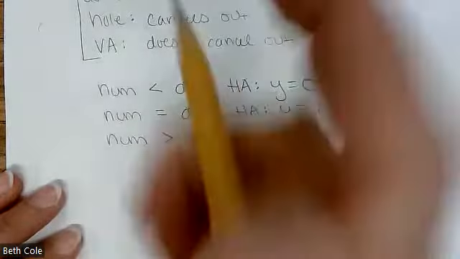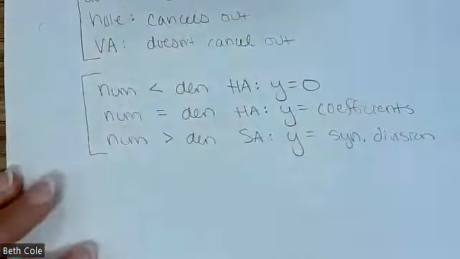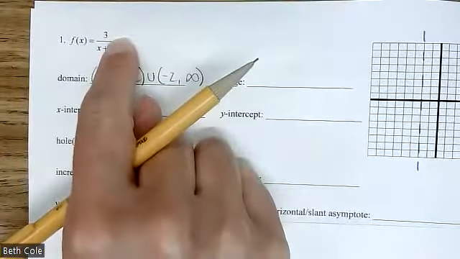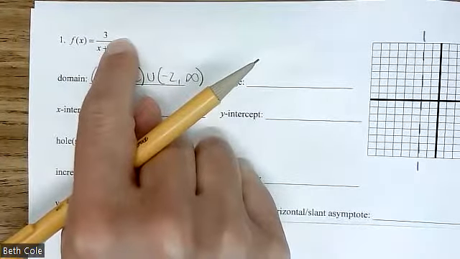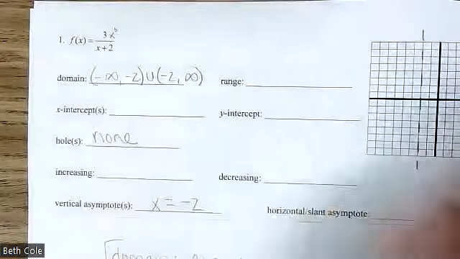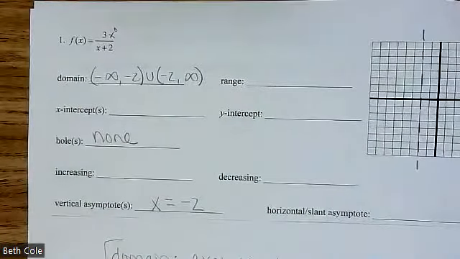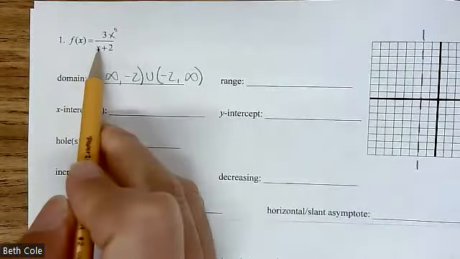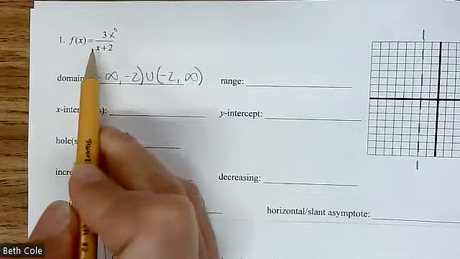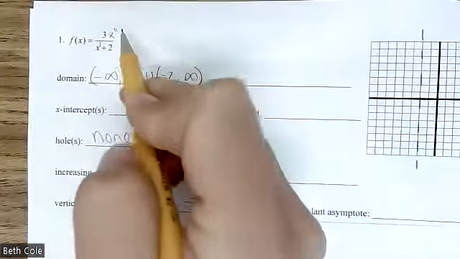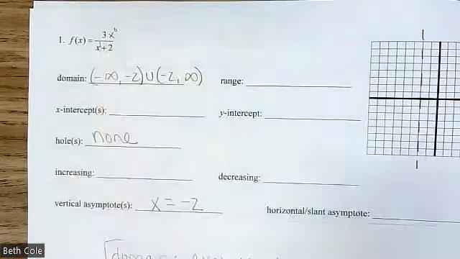So let's apply this, and this all kind of goes together. Let's apply that to this problem. Degree of the numerator. Do you see an x there at all? No, it's really x to the nothing. The power is 0. What's the degree on the denominator? This is x to the 1. 0 is smaller than 1.